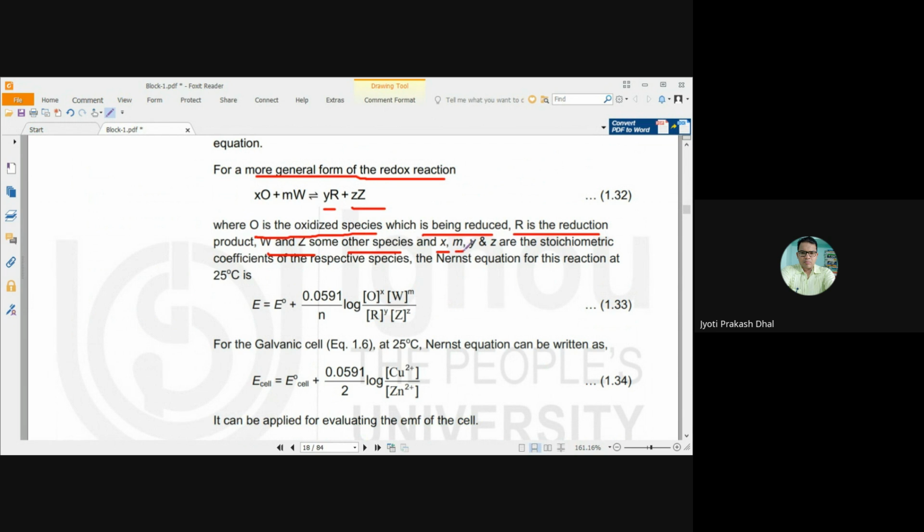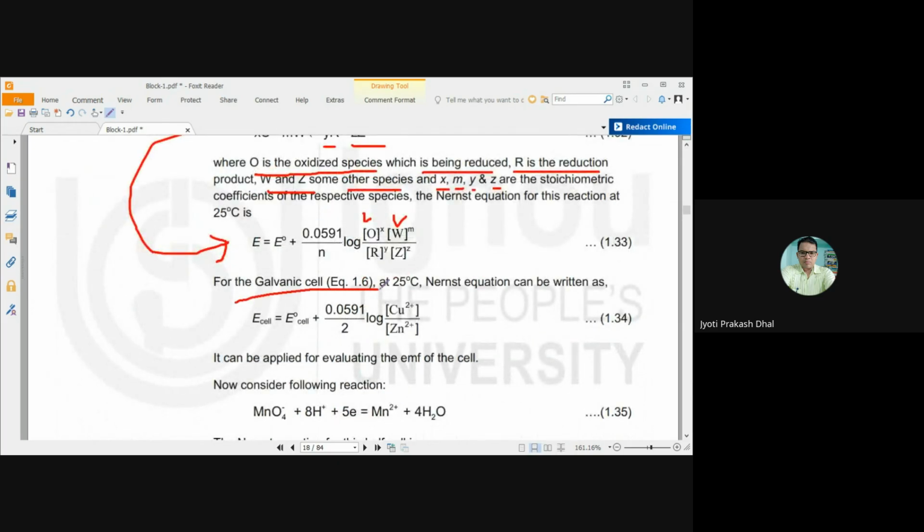Small x, m, y, z are the stoichiometric coefficients of the respective species, and the Nernst equation for this reaction can be written as E equals E° plus 0.0591 divided by n log concentration of O to the power x into concentration of W to the power m divided by concentration of R to the power y into concentration of Z to the power z. So, for the galvanic cell mentioned above at 25 degrees Celsius, the Nernst equation, galvanic cell means what we have discussed in the Daniell cell, the copper zinc cell.